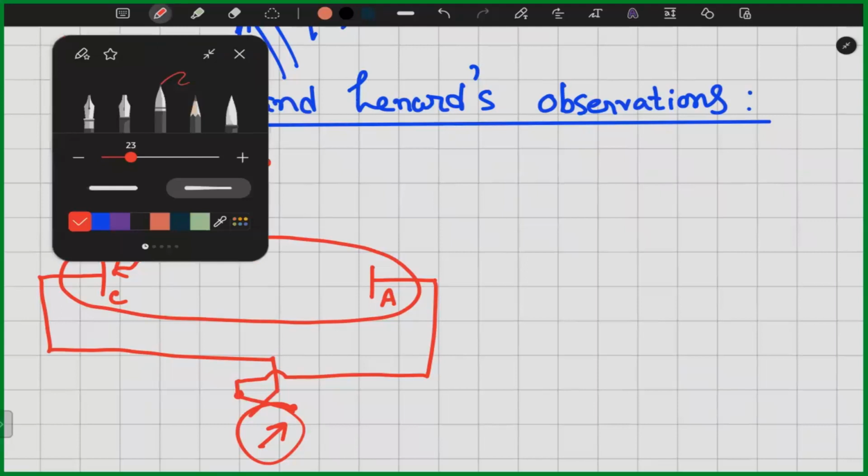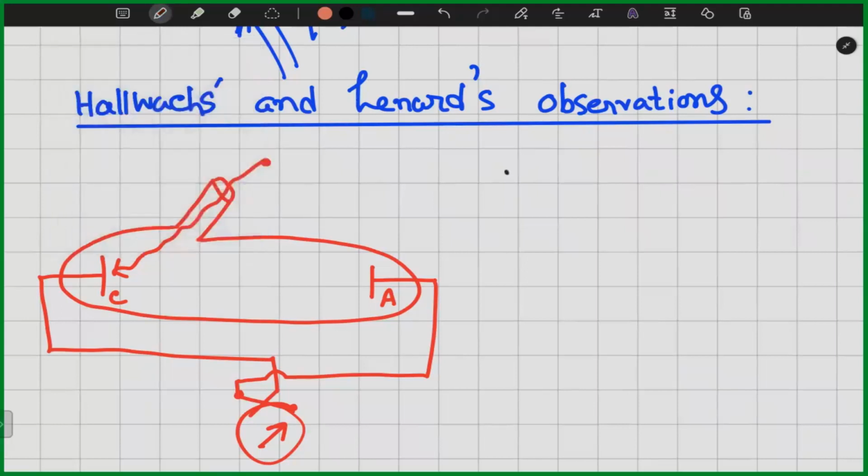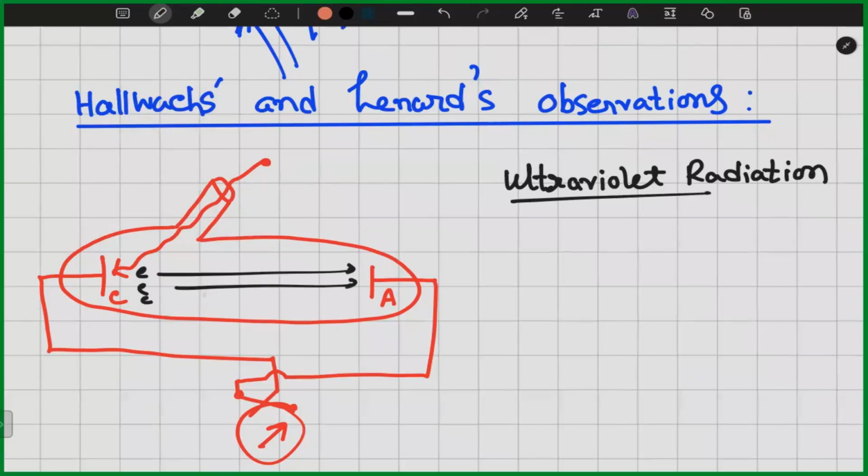He used ultraviolet radiation, and when ultraviolet radiation was irradiated on the metal surface, electrons were emitted. This was observed by Lenard.